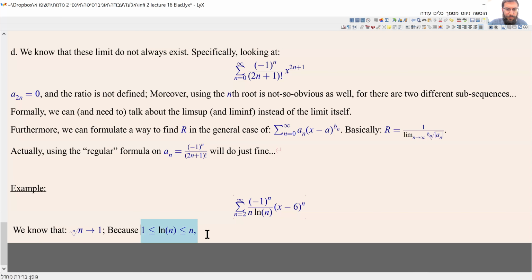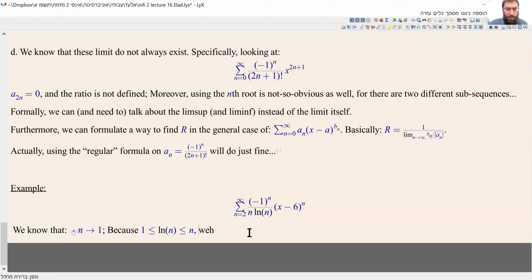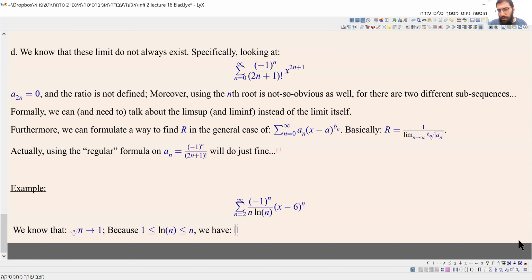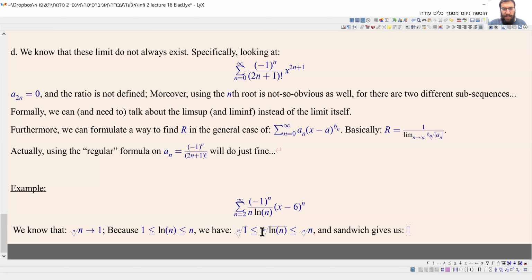We have that the nth root of 1 is smaller than the nth root of ln n, which is smaller than the nth root of n. And by sandwich, the nth root of ln n goes to 1 as well.